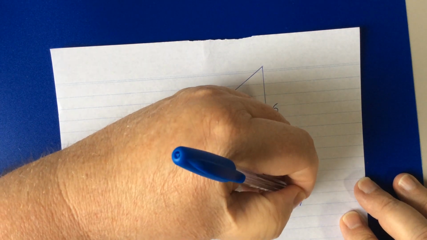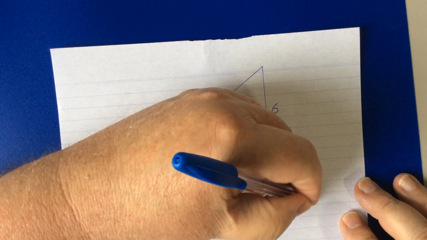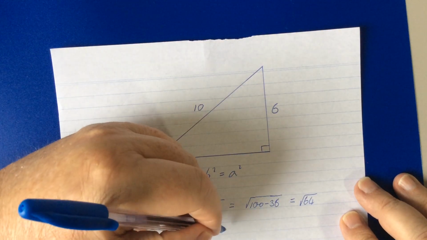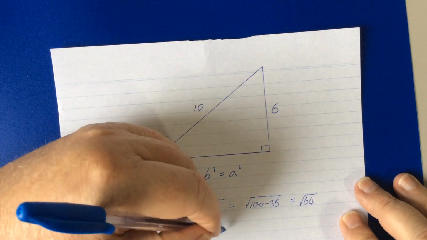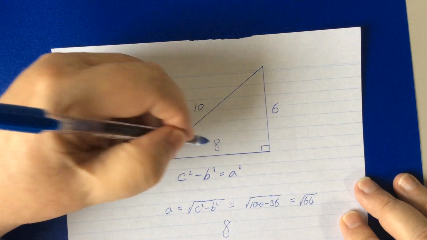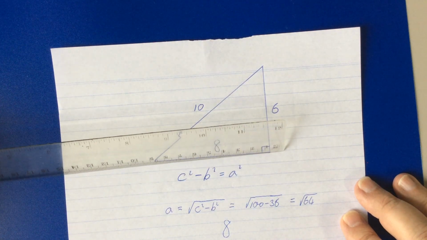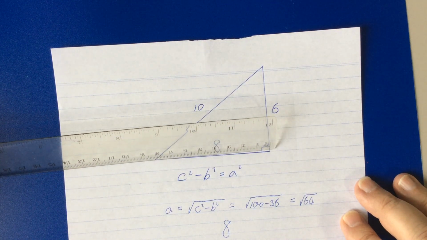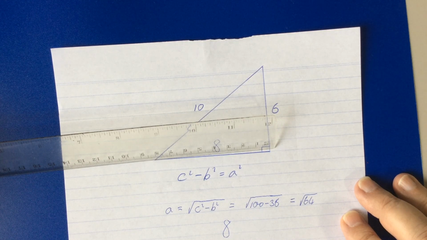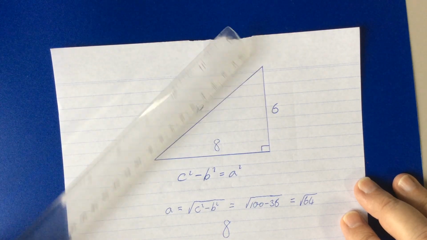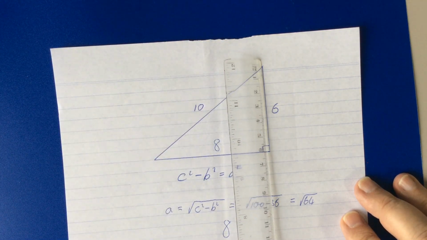That is equal to the square root of 64. 100 minus 36 is 64. The square root of 64 is 8. This is 8. Again, we'll just check that. This is drawn to scale. You don't draw these things to scale all the time. But this is just for demonstration purposes. 10, 6.